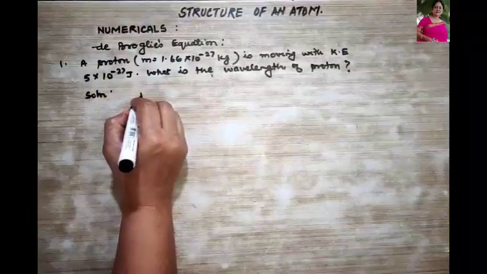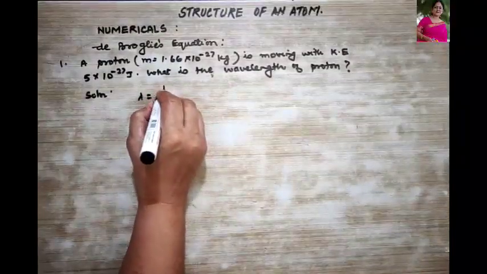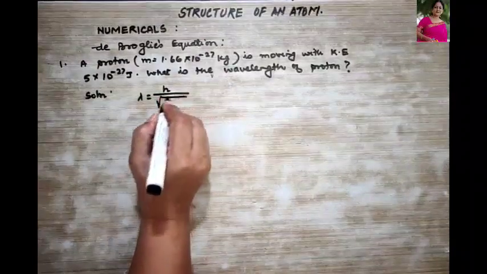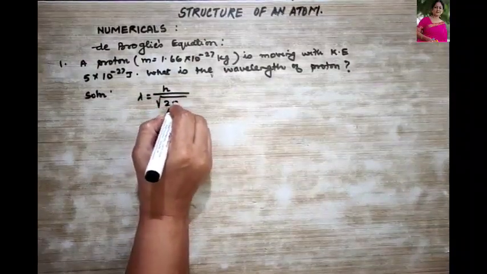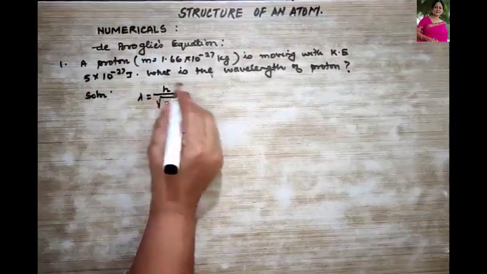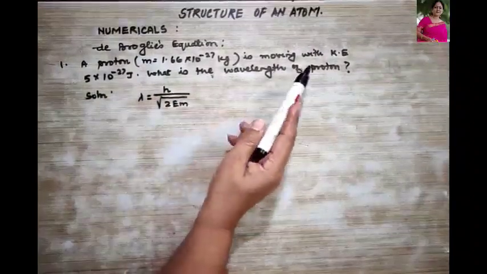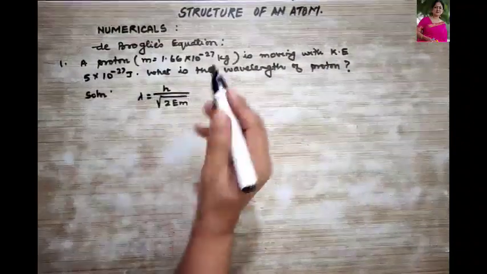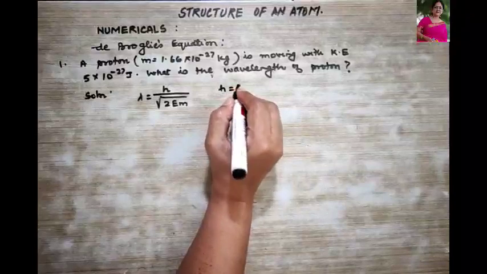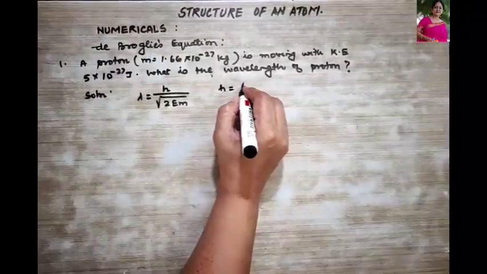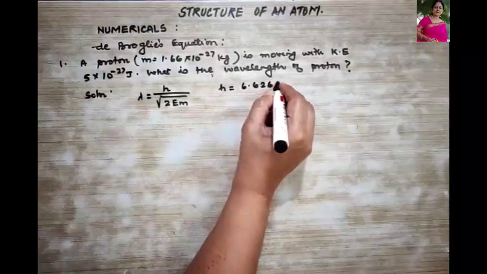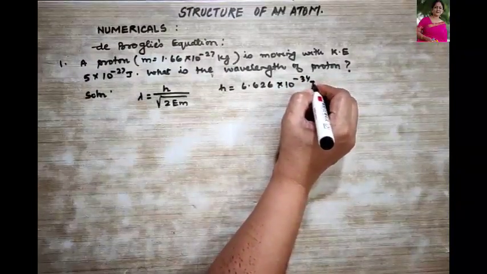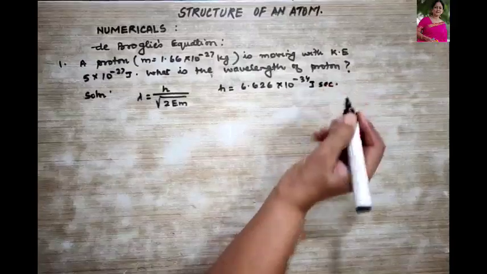We know that wavelength is equal to Planck's constant upon under root 2Em. How do we get this formula? When we are talking in terms of kinetic energy, then we use this formula. So we know that h, that is Planck's constant, is equal to 6.626 into 10 to the power minus 34 joules second, right?